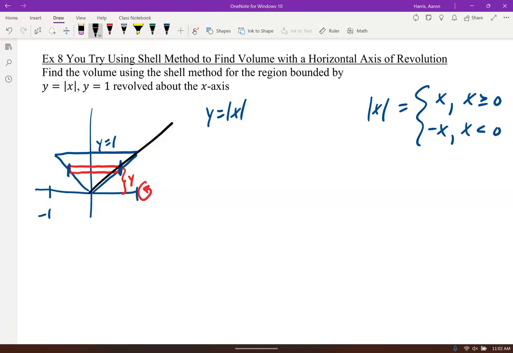In other words, here's the line y equaling x. Over here is the line y equaling negative x. And those two make up the absolute value: it's x when x is greater than or equal to 0, and it's the opposite of x when x is less than 0. So those two lines make up that absolute value. Hold on, let me erase a little bit.